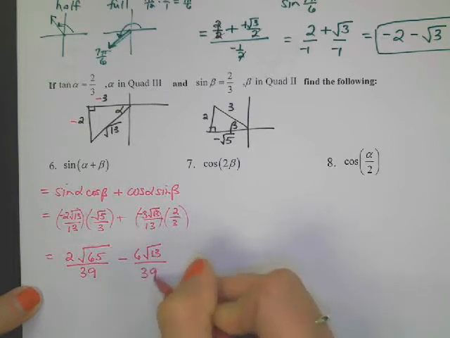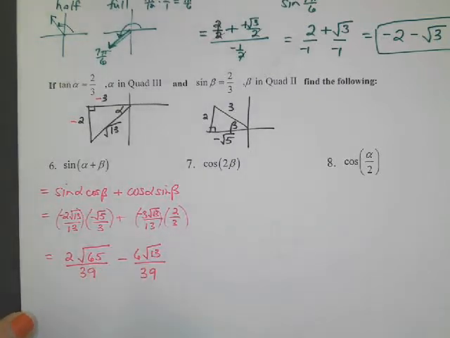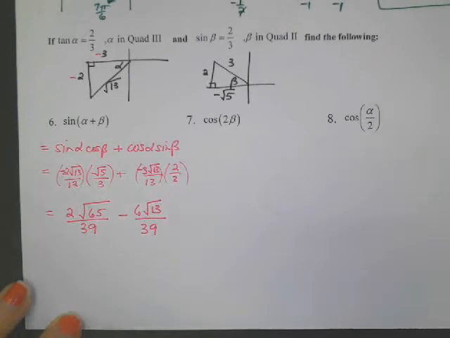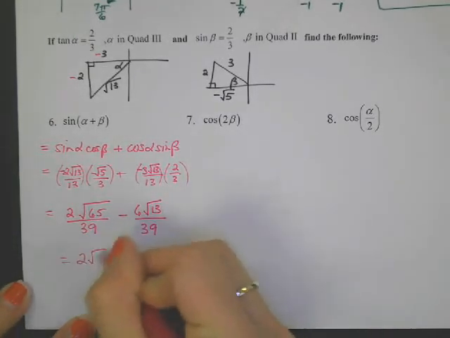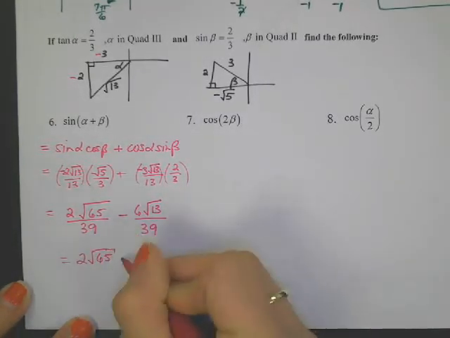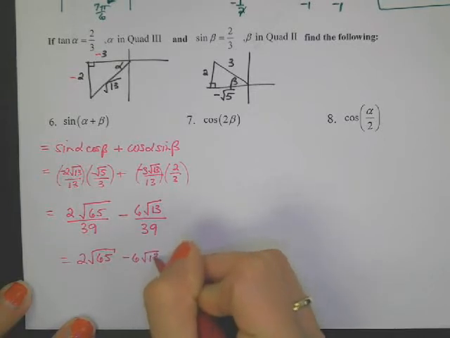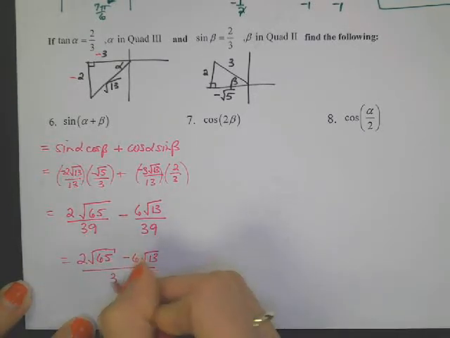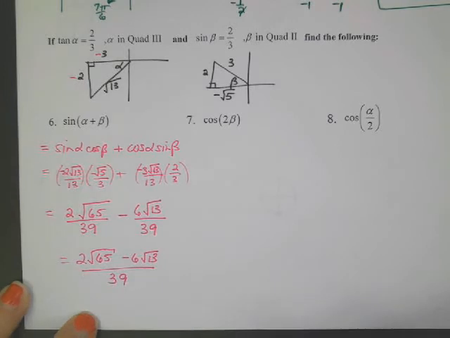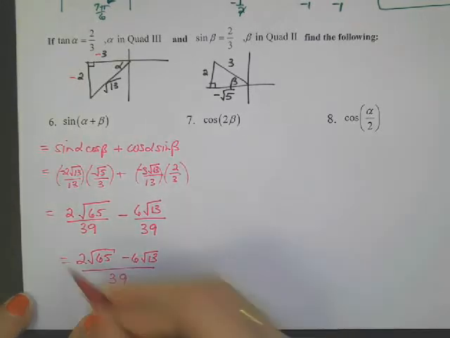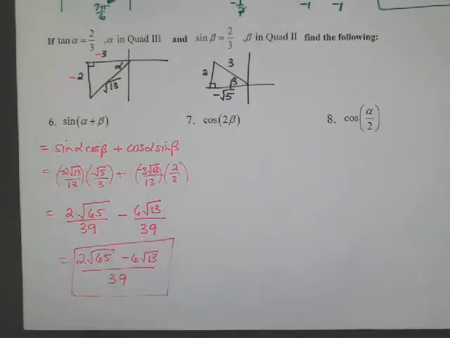Common denominator 39. Those are not like radicals. So when we add them together, we're going to have 2 radical 65 minus 6 times the square root of 13 with a common denominator of 39.